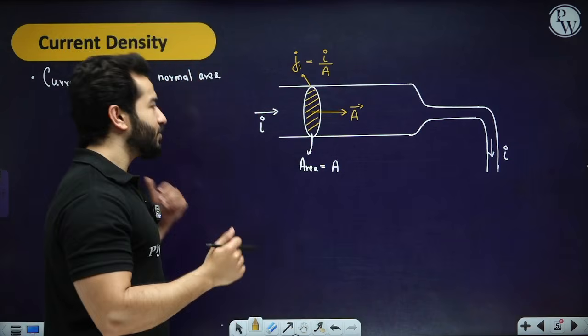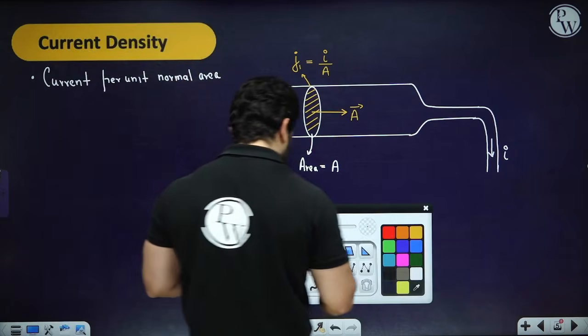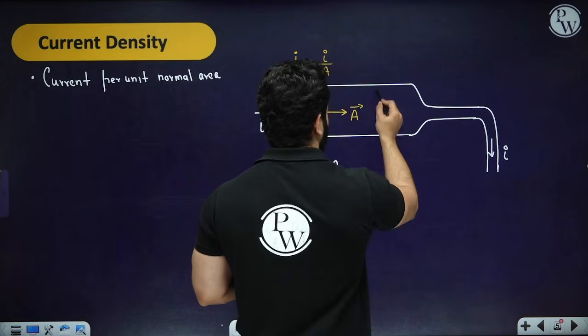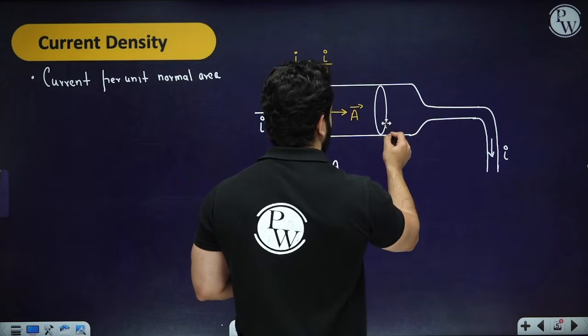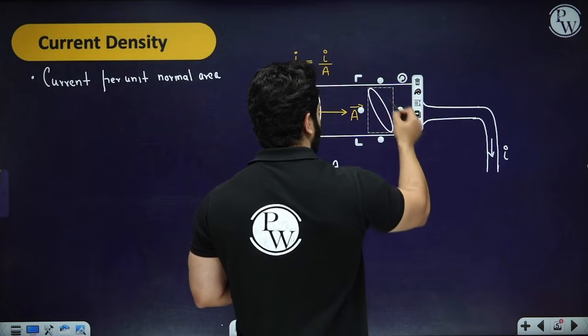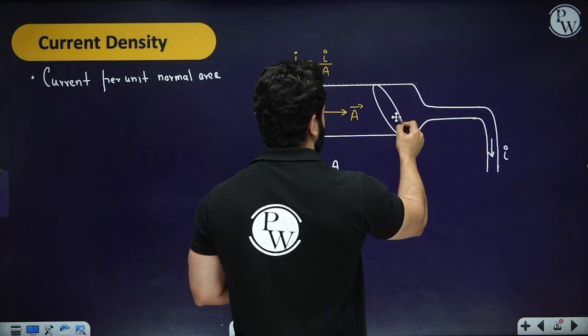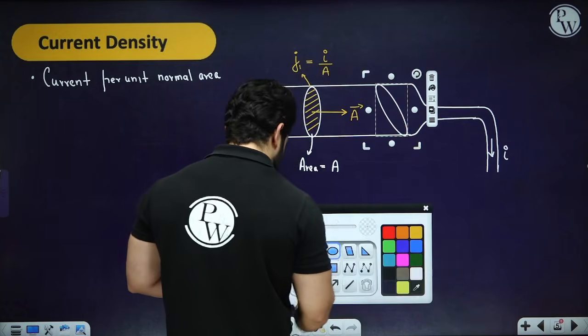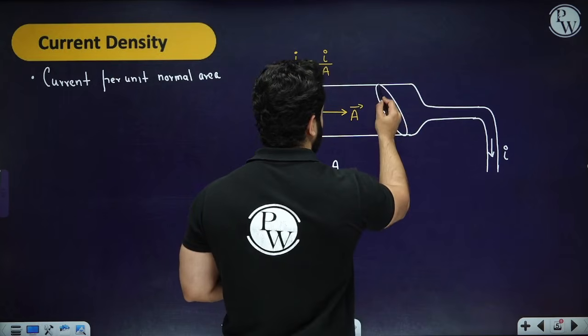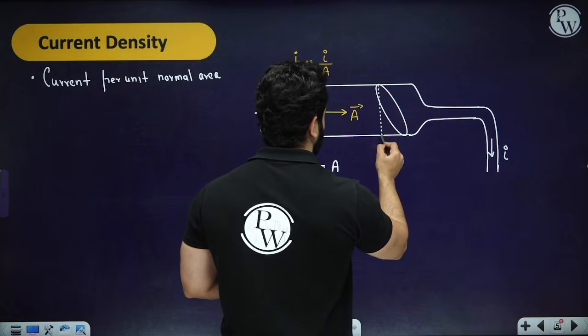Now let's talk about another area. Let's not draw the same type of area now. Let's say I have tilted this by an angle theta, something like this, right?